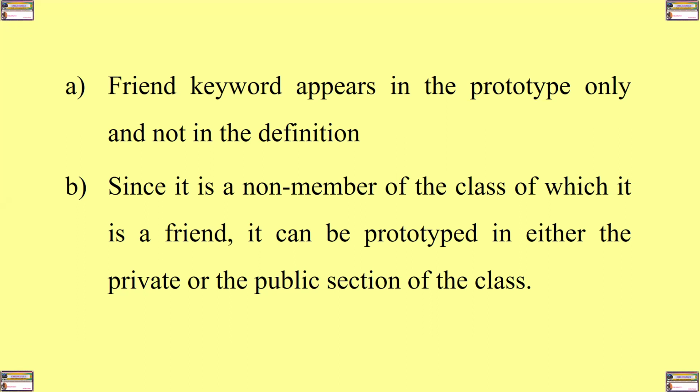In other words, you can prototype the friend class in either the private scope or the public scope of the current class in which it is a friend.